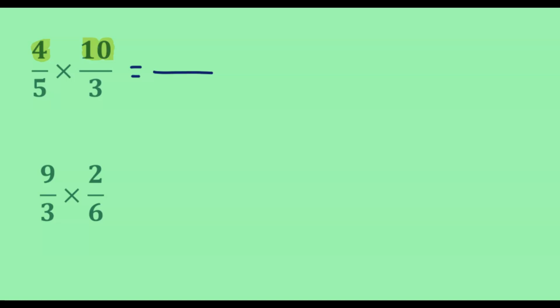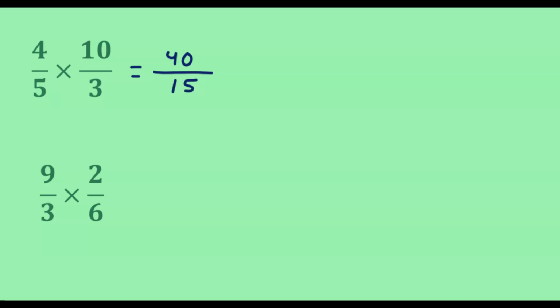We need to multiply these two, so we have 4 times 10, and that is equal to 40. And the denominator of the product will be obtained by multiplying the denominators of the original two fractions. Now the denominators are 5 and 3. So we have 5 times 3, that is 15. So we can see that we can write the product directly.